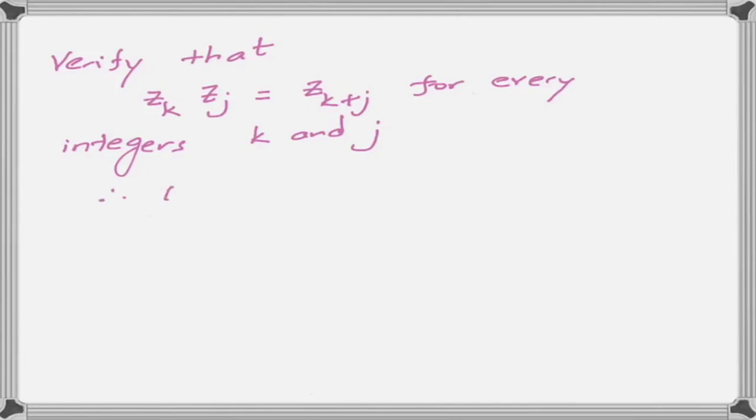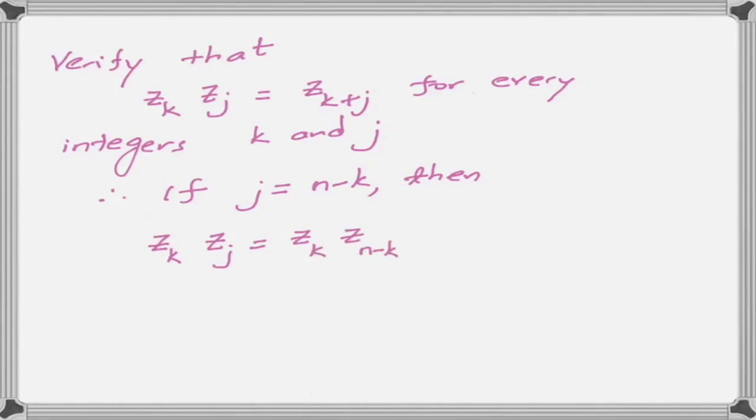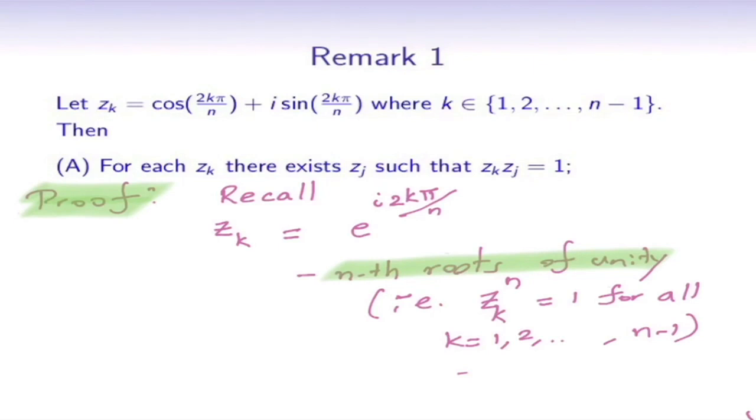So if you take j equal to n minus k, then zk times zj is equal to zk times z n minus k is equal to zn. What will be zn? So zn will be equal to e to the power I 2 pi, which is equal to 1.